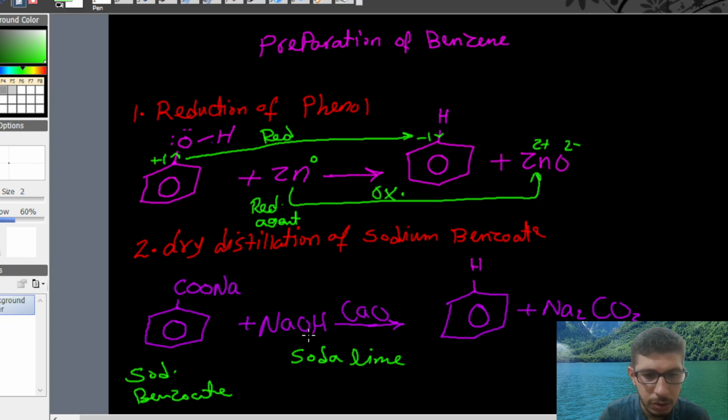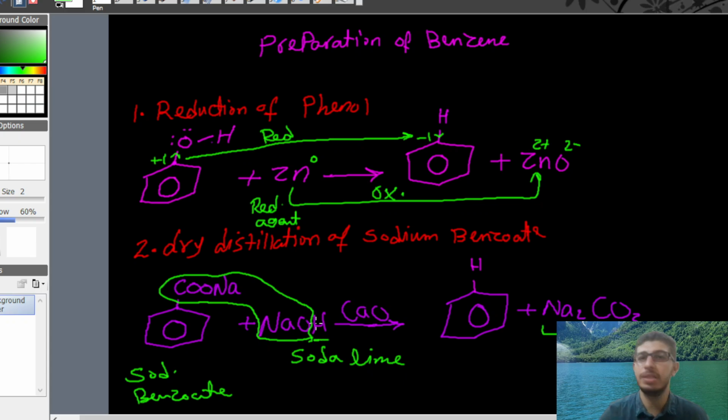So when you add the soda lime, they produce sodium carbonate here. And finally, hydrogen is left on top of the benzene ring here.